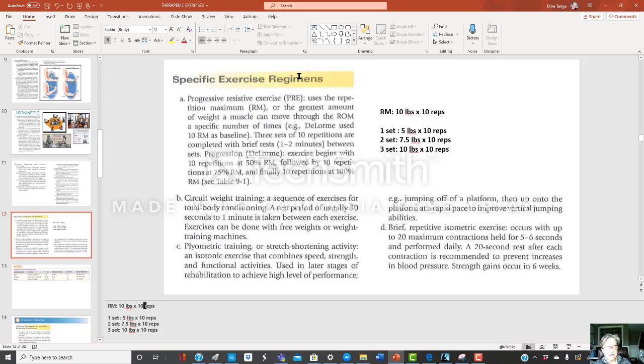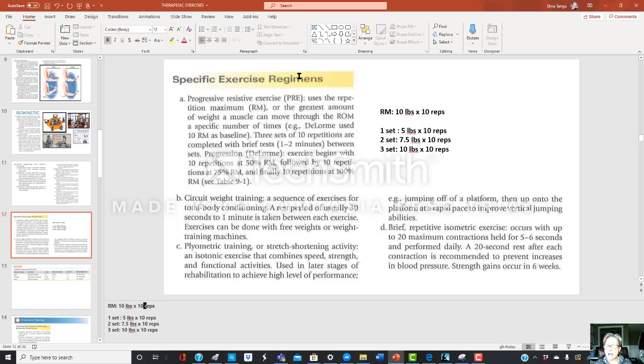An isotonic exercise that combines speed, strength, and functional activities, used in later stages of rehabilitation to achieve high level of performance. For example, jumping off a platform, then onto a platform at a rapid pace to improve vertical jumping abilities.